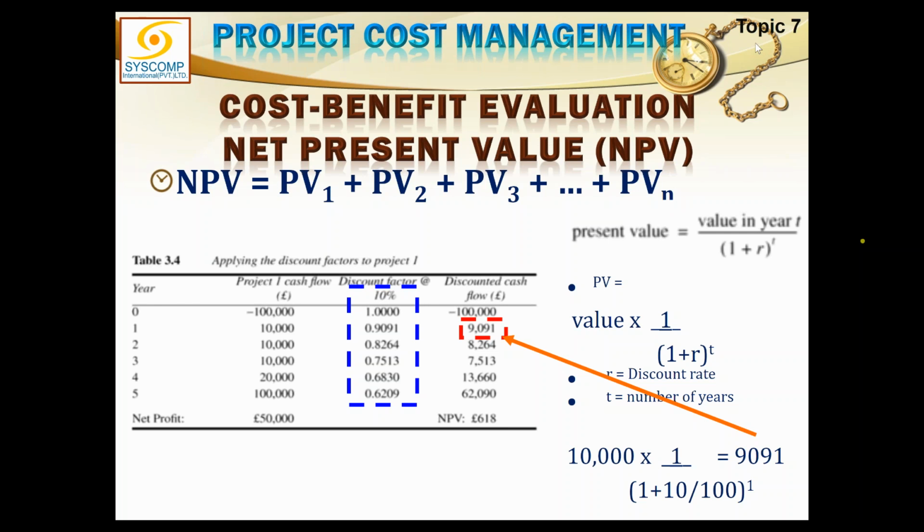Think over it, what my question was. Your answer is wrong. I'm saying the investment of 100,000 you have just made. What is the present value of that money at a discount rate of 10%?